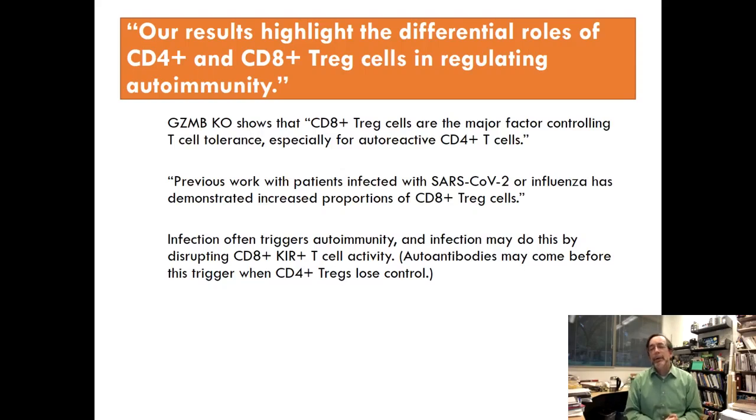By the way, autoantibodies are probably associated with CD4 positive Tregs, and those often show up before autoimmunity becomes really bad. So autoantibodies produced by CD4 positive Tregs can be sort of the non-trigger event, like the low-level thing that says you might have a problem with this someday, but they don't get out of control until the CD8 positive, KIR positive T cells are the ones that actually trigger the autoimmune thing by holding back.